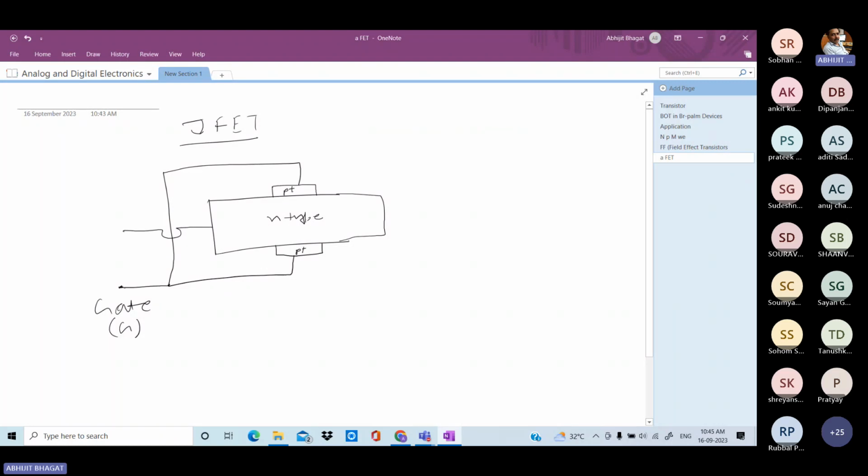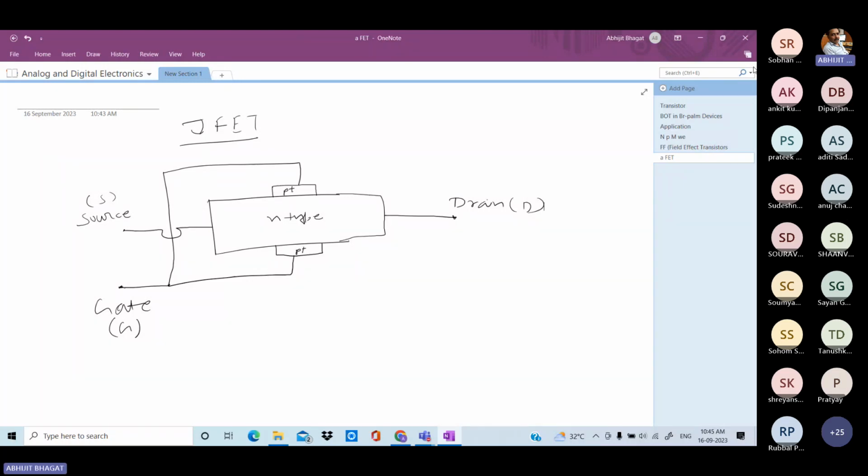One is called source, S, and the other, on the other side of the bar, is called drain. So same as NPN or PNP transistor BJT, three terminals are there, and the terminals are source, drain, and gate.